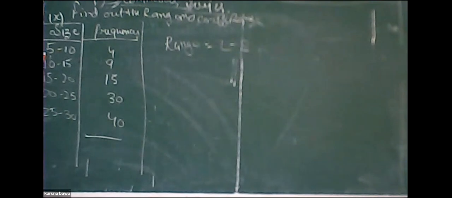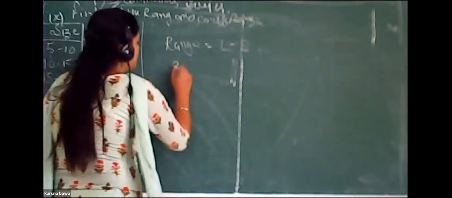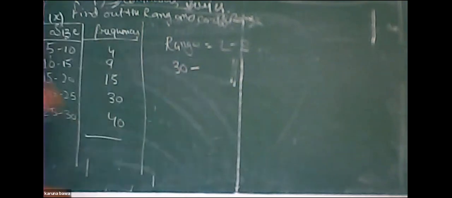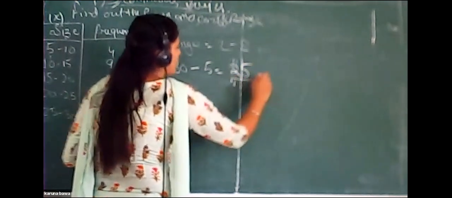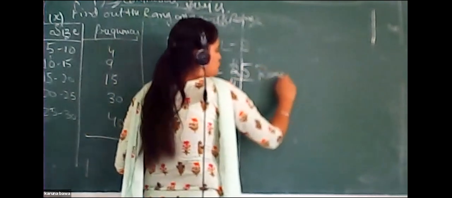So the upper limit of the largest value is 30 minus the smallest value, the lower limit, that is 5. And the answer is 25. This is the answer of range.